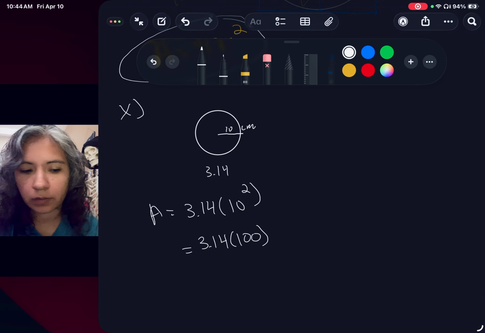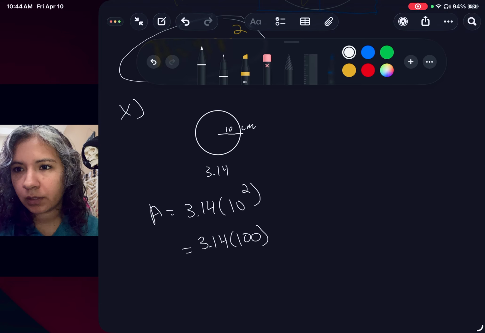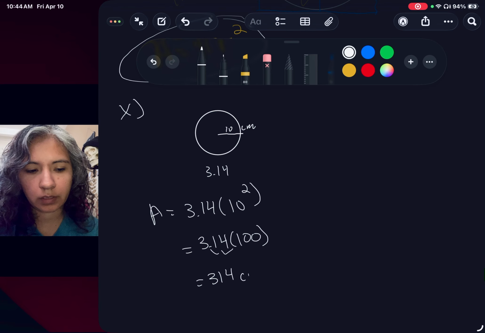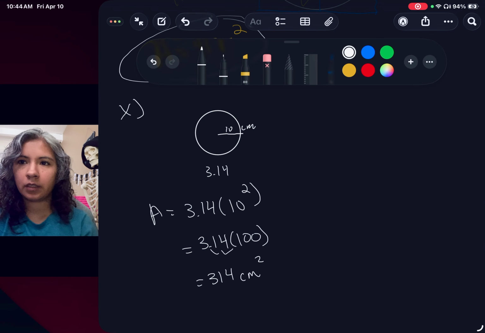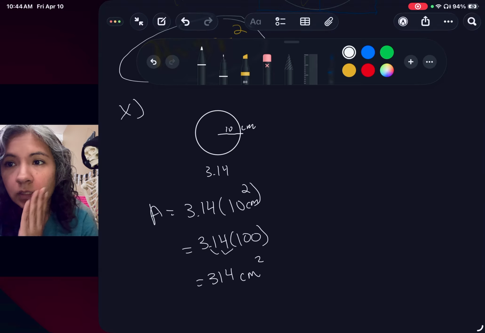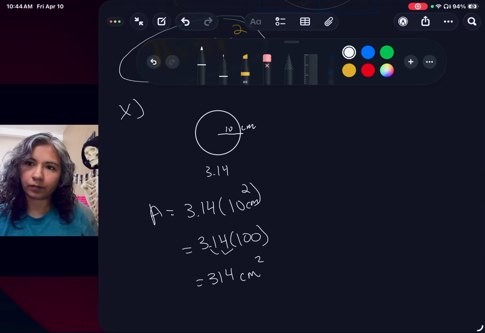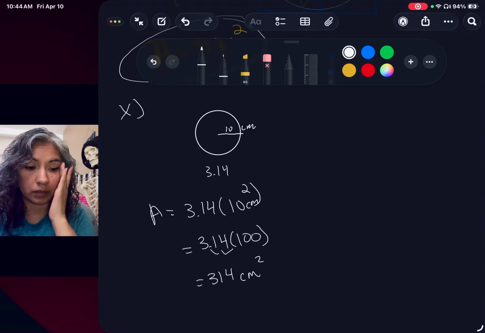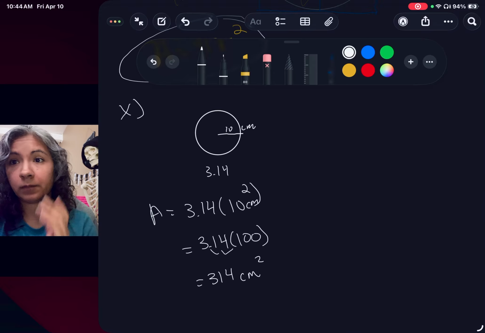So 3.14 times 100 is going to be 314 centimeters squared, because this was 10 centimeters squared. So that is the area of that circle.